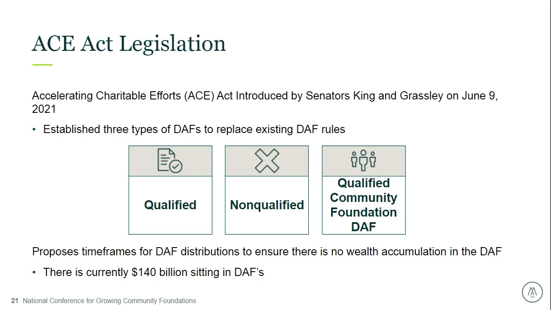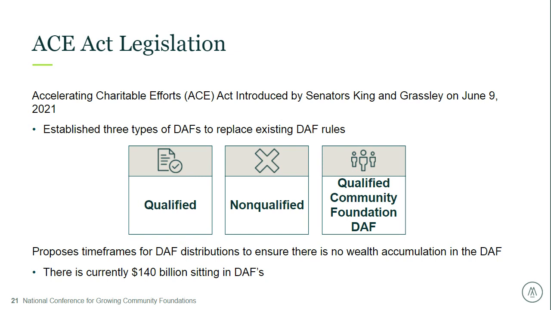There's currently about $140 billion sitting in the nation's donor-advised funds, and the lawmakers want to see that money move out of the donor-advised funds and actually make it to an intended charitable class of people.